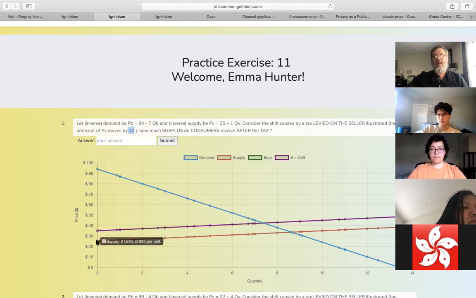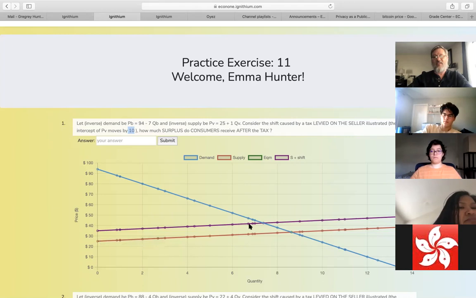Because you'll remember, as has been said in the lectures, the supply curve is the seller's costs of production. The reason this seller won't sell anything for less than $25 a unit is that it costs him $25 to make that first unit.